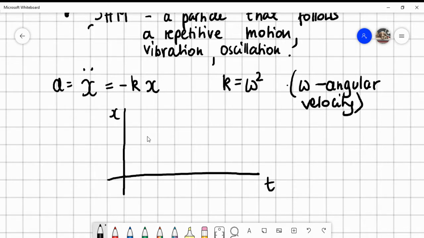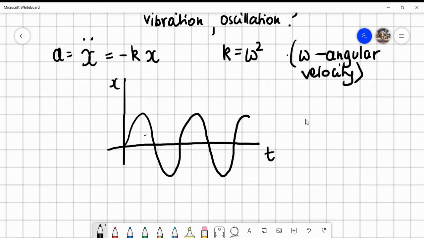So the simplest one could be like this. It could be a cos graph, which is a sine graph transformed. It could be a sine graph shifted.